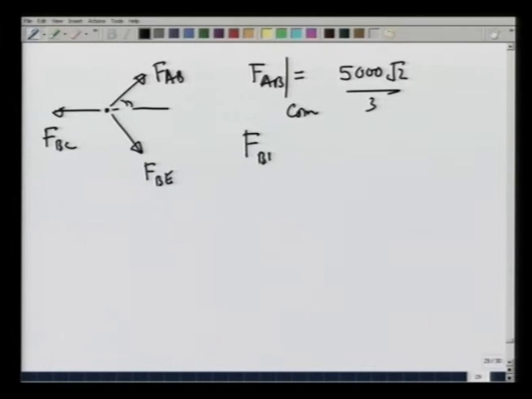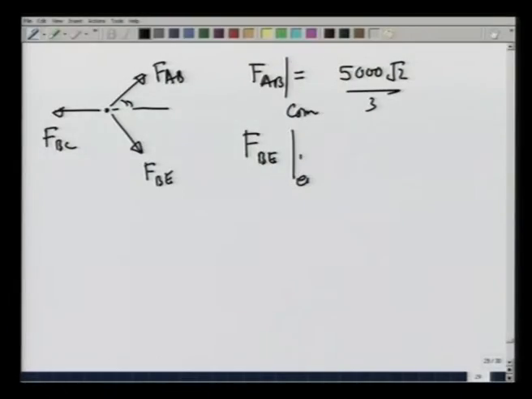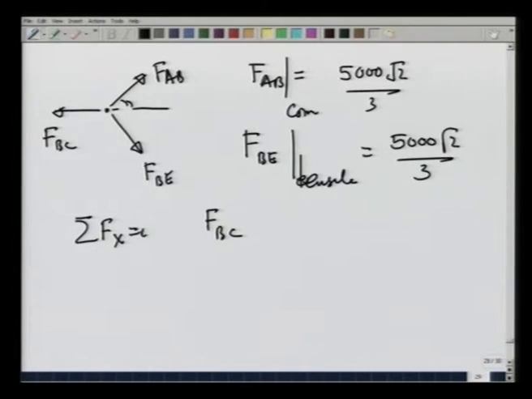FBE we have just determined, but FBE pulls the pin in, and therefore, by Newton's third law, the pin pulls it out. This is tensile, but its magnitude is 5000 root 2 over 3, and FBC from summation Fx equal to 0 would come out to be 2 times the x component of FAB or FBE, which is the same thing.